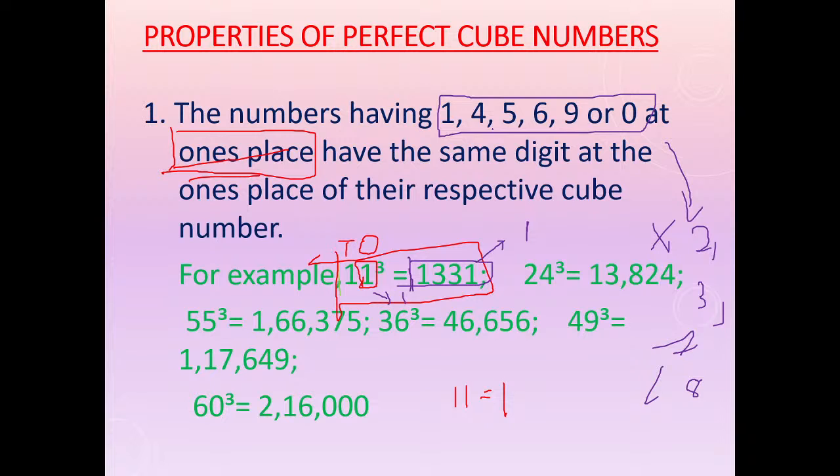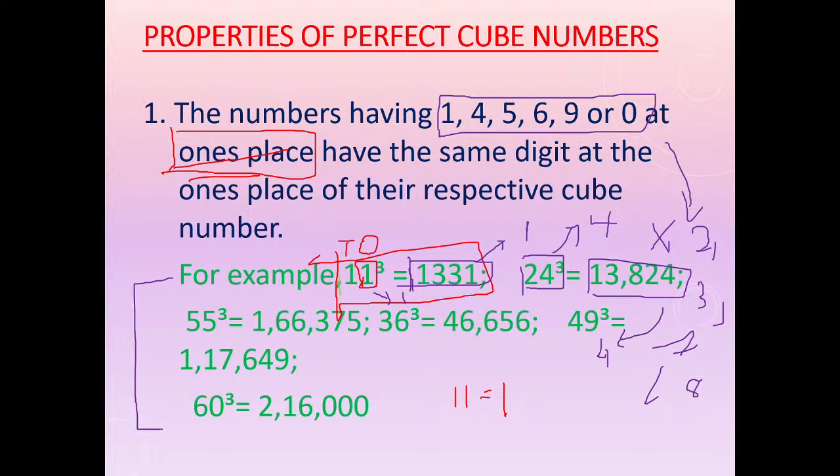Let's see 24 if we take. Now what is at the ones place? 4. Now the cube of 24 is 13,824. Now again what number is at the ones place? 4. Understood? Like that we need to check.